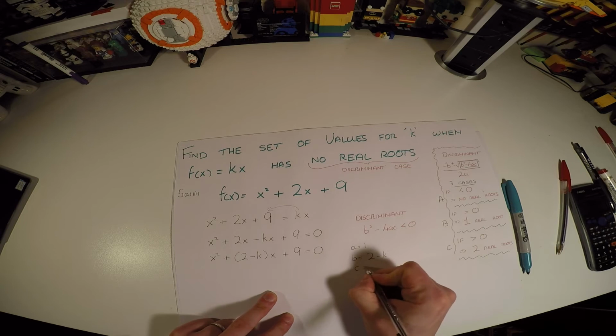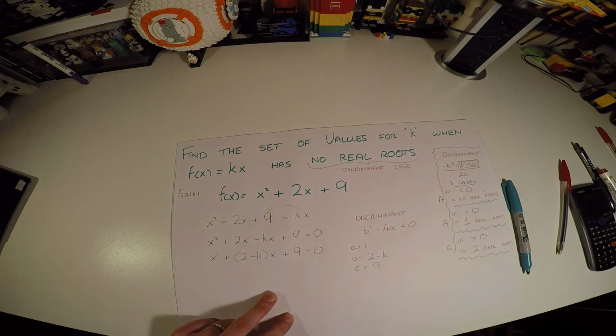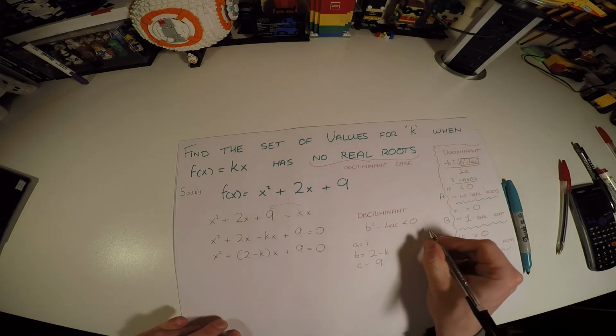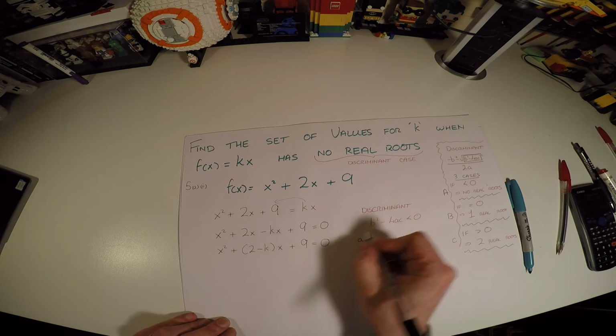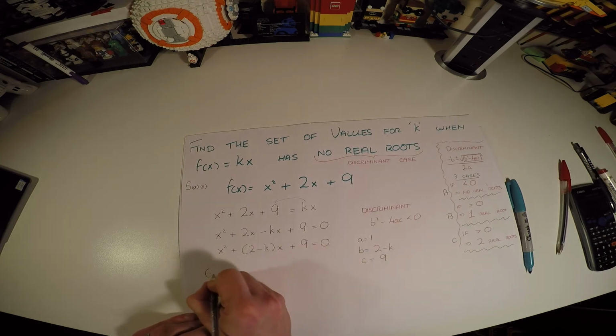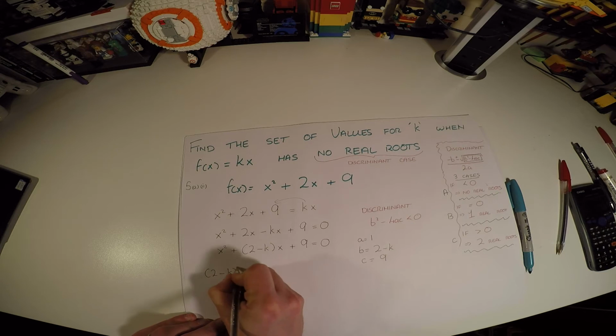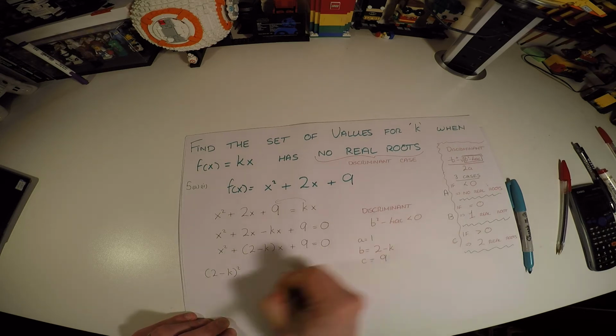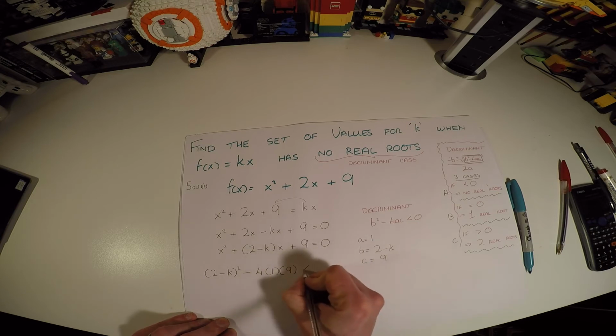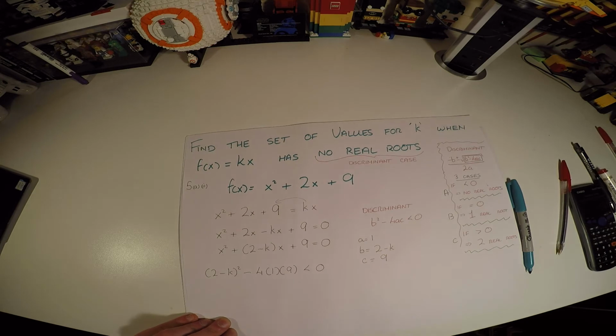And our c is the constant on its own, which is going to be 9. So setting this up for the discriminant case, b squared is 2 minus k all squared, minus 4 times a, which is 1, times c, which is 9. And this stuff has to be less than 0.